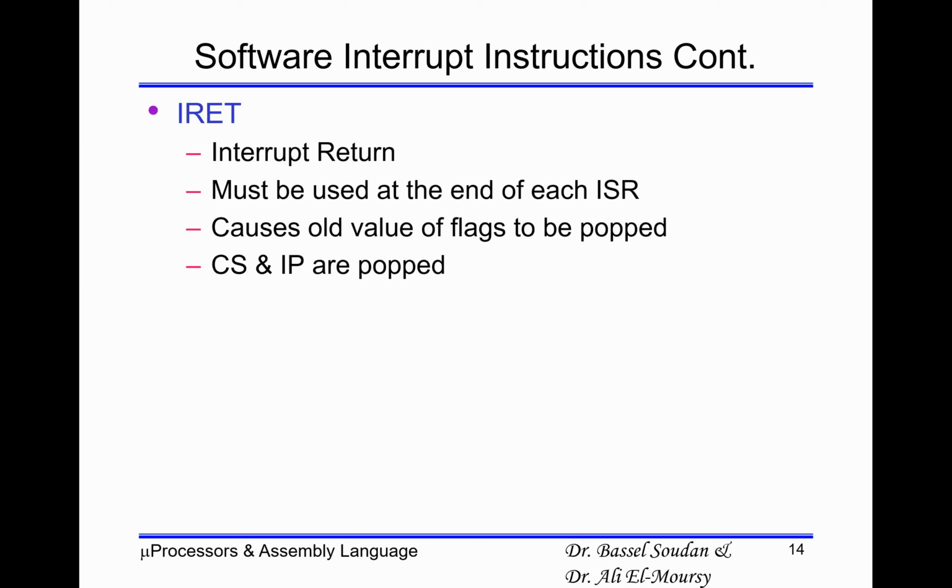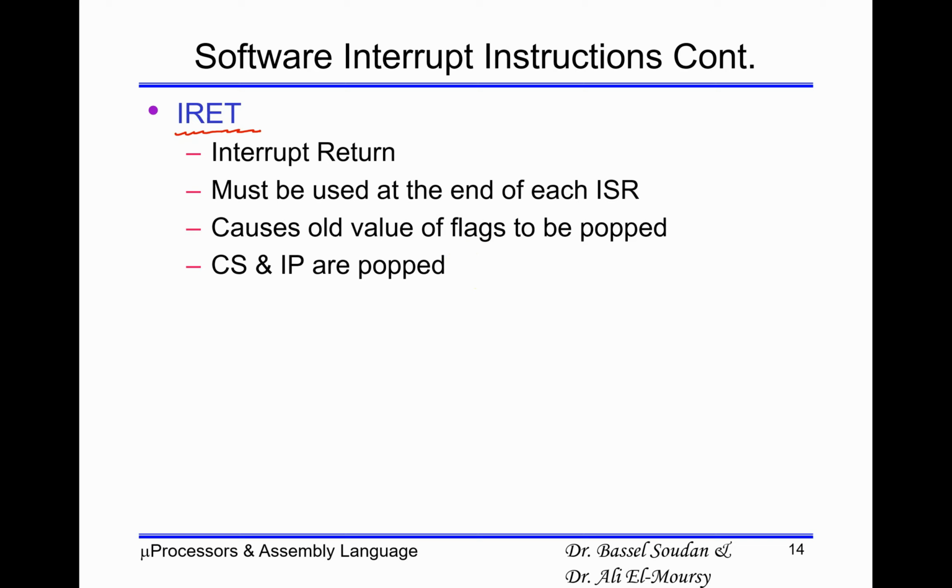Since we have int as the instruction for the interrupt, inside the interrupt service routine there is the return instruction. iret is the instruction that should be used to return. Why is this different from the regular return? Because regular return does not pop the old flags.